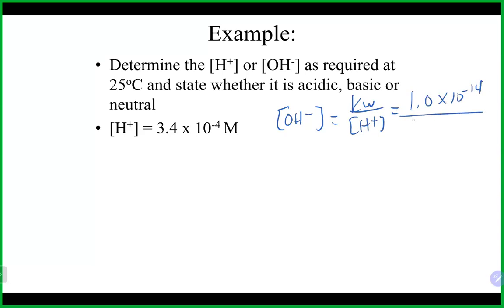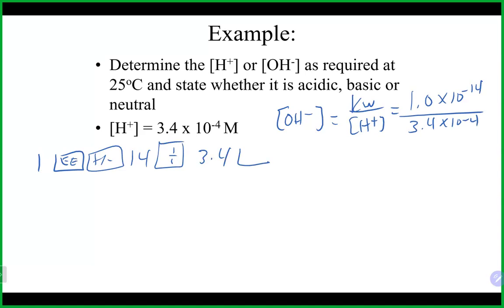And we're going to put our number in here, 3.4 times 10 to the minus 4. Remember, again, using our exponent buttons: a 1, exponent button, negative button, 14, divided by 3.4, exponent button, negative 4, and equals, making sure you put it in correctly.